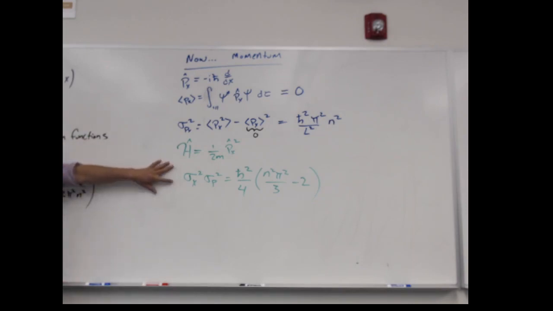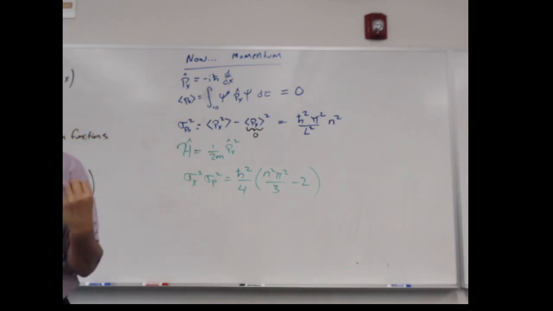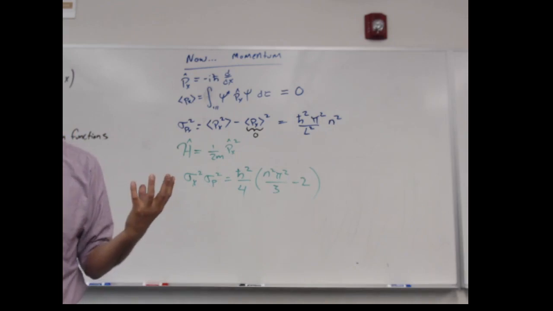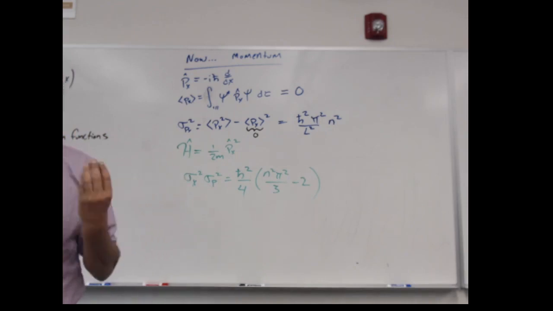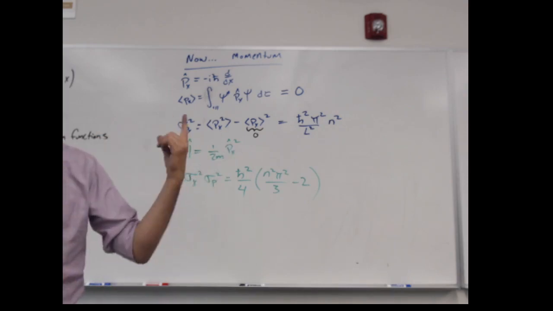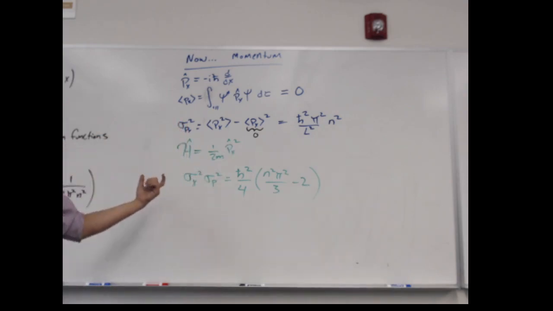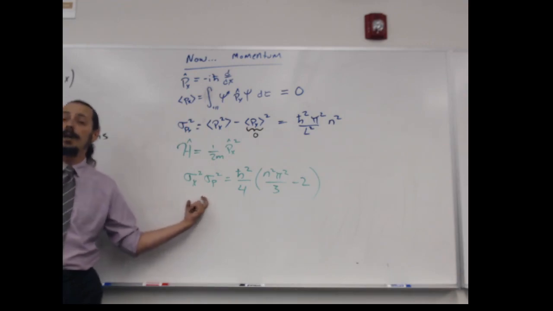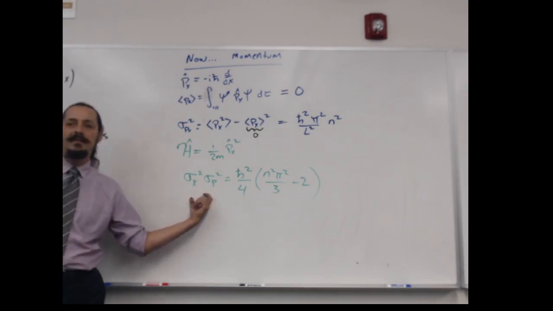But it does mean that there is some limit on how well we can know position and momentum at the same time. And it's particularly position and momentum, because if you remember the first day, or just remember physics, position and momentum are related to each other. Momentum is how quick the position is changing. So it makes sense that these two things relate to each other. And on the quantum scale, measuring one messes up the other.